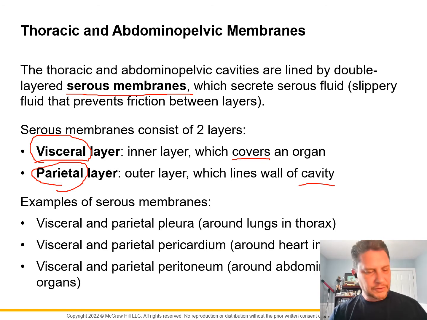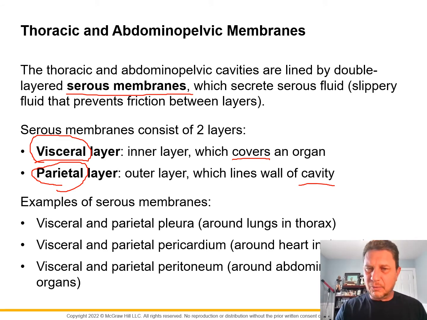Now, you can remember it also if you've got kids, you've got a parietal duty to form a protective barrier around your younger kids to make sure that they don't run with scissors, so to speak. So hopefully those 2 terms make sense, because if you understand visceral means organ, you understand that that's the membrane that's on the organ.